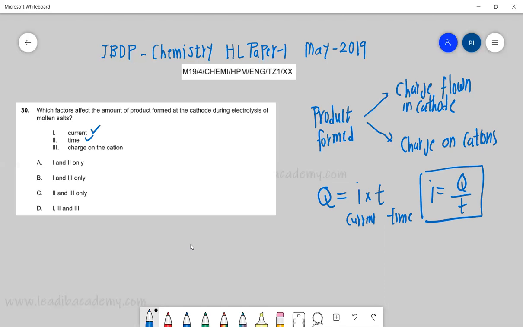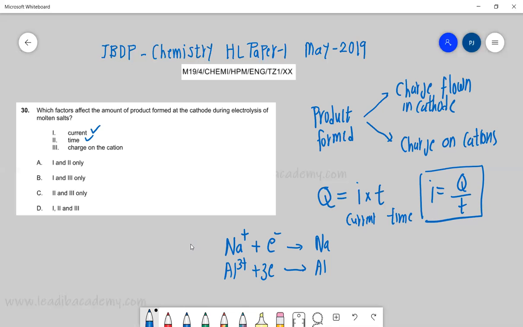What about the charge on cation? Obviously yes. For example, let's say we want to deposit Na plus. How many electrons will be required? Only one electron to make it Na. But let's say there is aluminum, that is 3 plus. So obviously we'll require 3 electrons to make it aluminum.